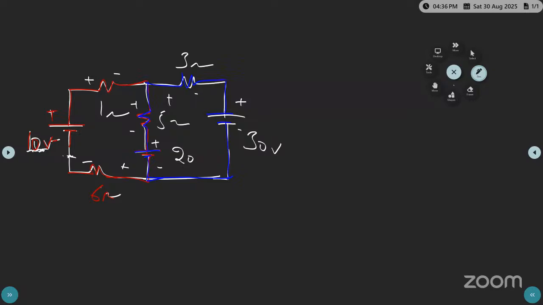Over. So this is I1, this is I2, this is I1 minus I2. Okay, I1, I2, I1, I2, I1 minus I2, I1. Okay, right. Now here, write down for loop 1.